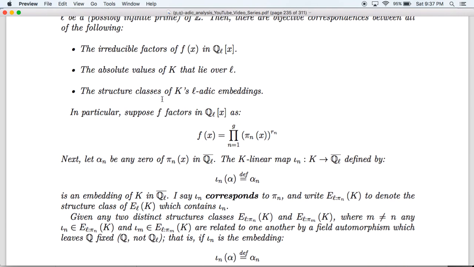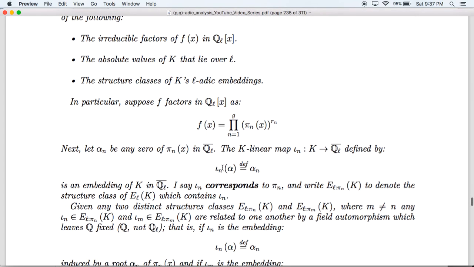Namely, to go from a given irreducible factor to a structure class, we consider an embedding which sends alpha, the generator of K over Q, to one of the roots of the corresponding irreducible factor, and we then get different embeddings in that structure class by sending alpha to a different root of the chosen irreducible factor. However, I haven't actually explained how the absolute values come into this.